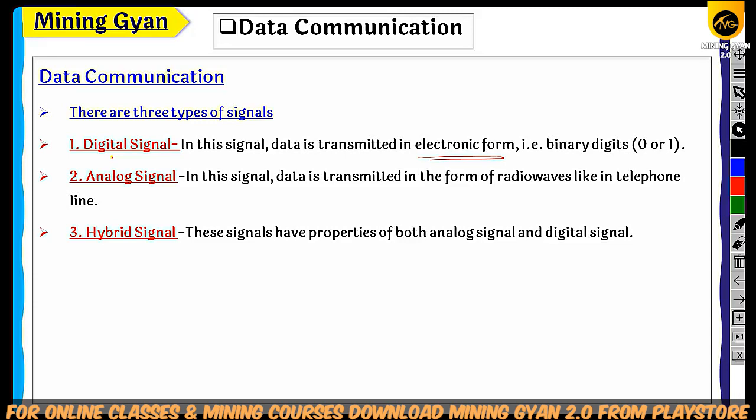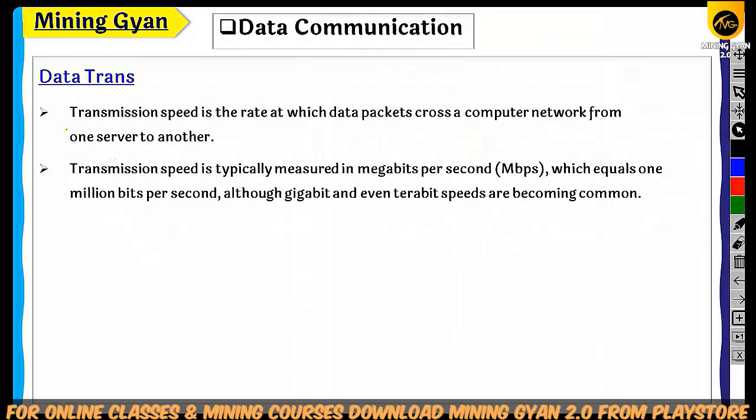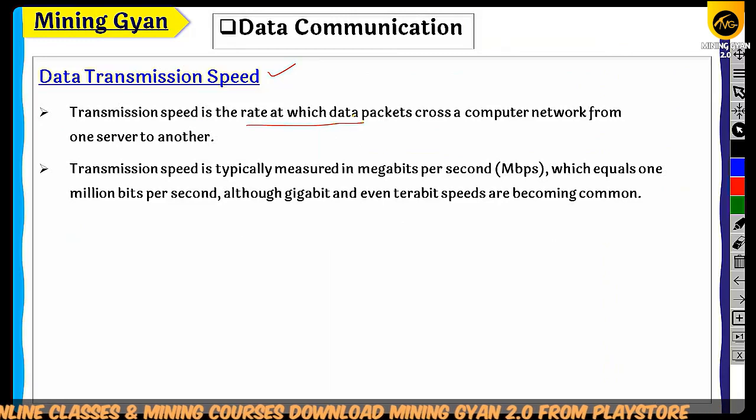What is the data transmission speed? Data transmission speed is typically measured in Mbps. So the next topic is data transmission speed. It is the rate at which data packets cross a computer network from one server to another.